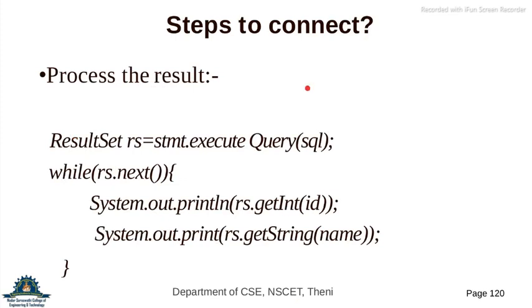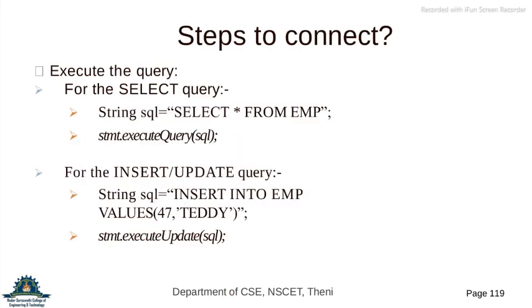Okay, next, how will you get the final result? ResultSet is the default class. You are creating the object rs equal to statement.executeQuery. Here you can look at the previous slide: statement.executeUpdate(SQL). What value will you be getting?